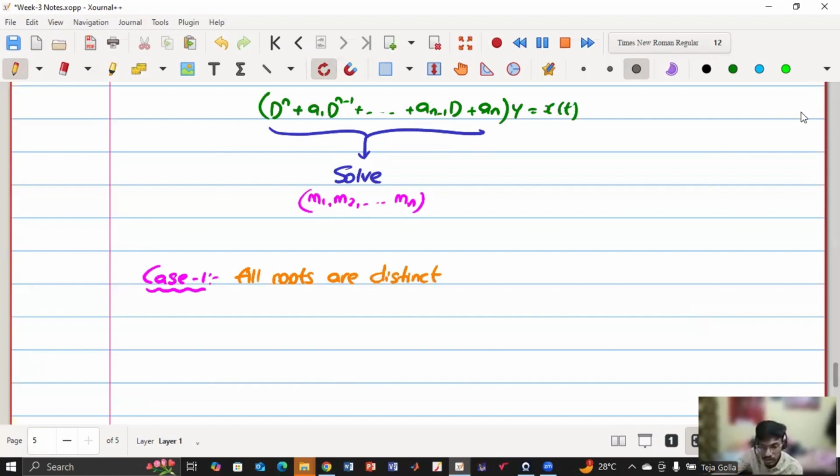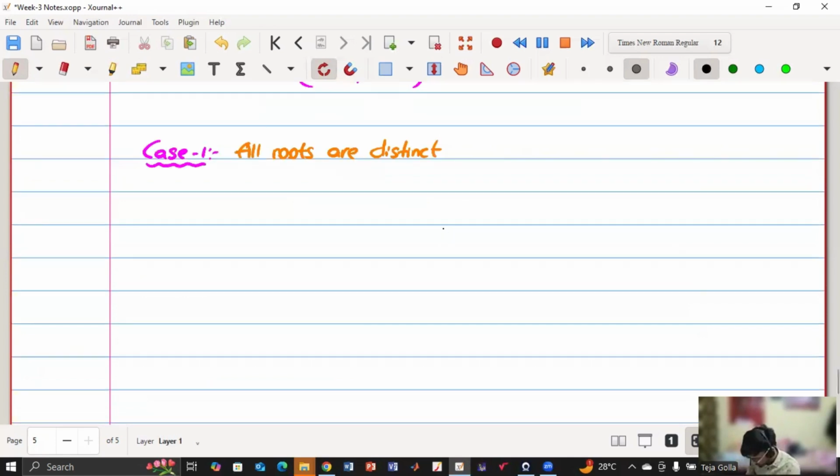Then we will get, any guesses? y of t is equal to a1 into e power m1t, plus a2 into e power m2t, and so on up to an into e power mnt. So this completes our natural response.